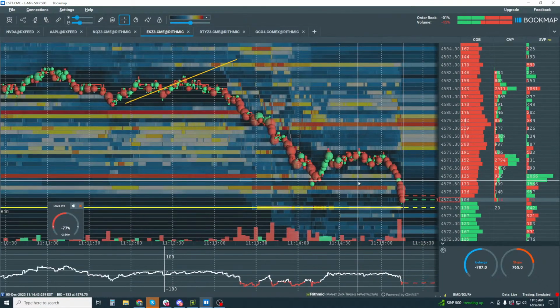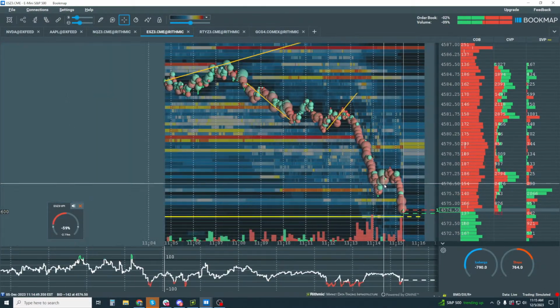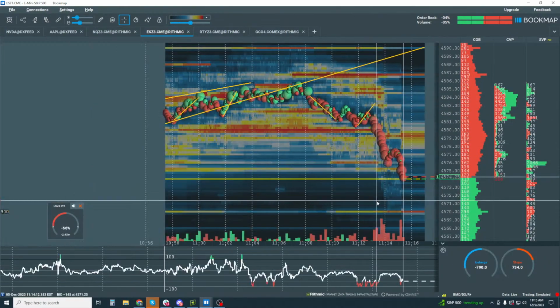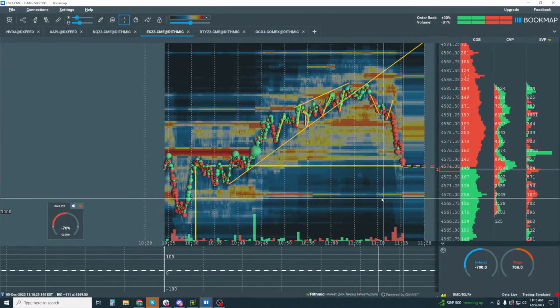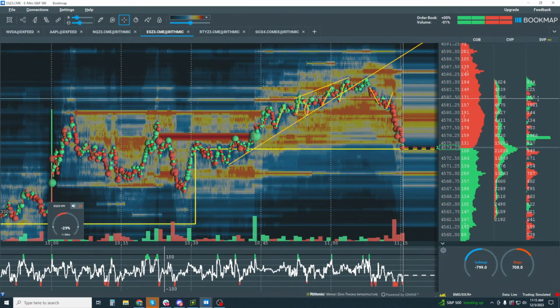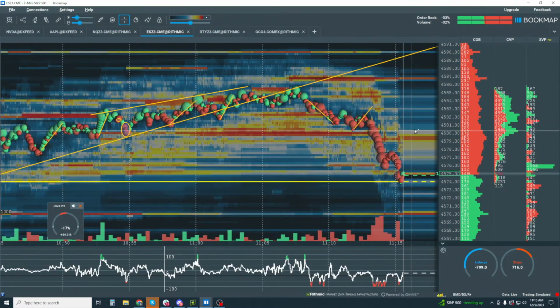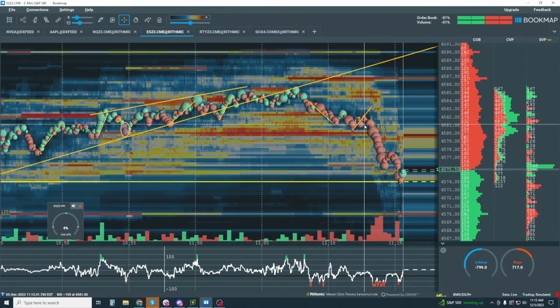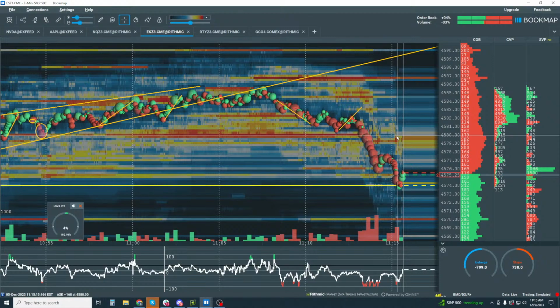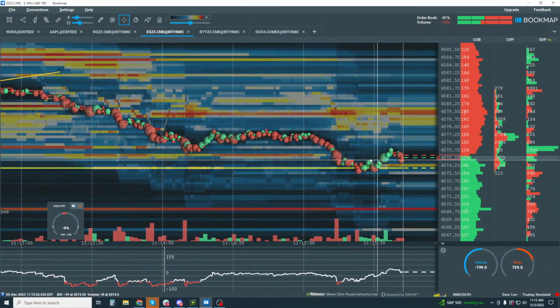Nothing. All the way back to point of control. And a bit of buying, a little bit of a bounce there.